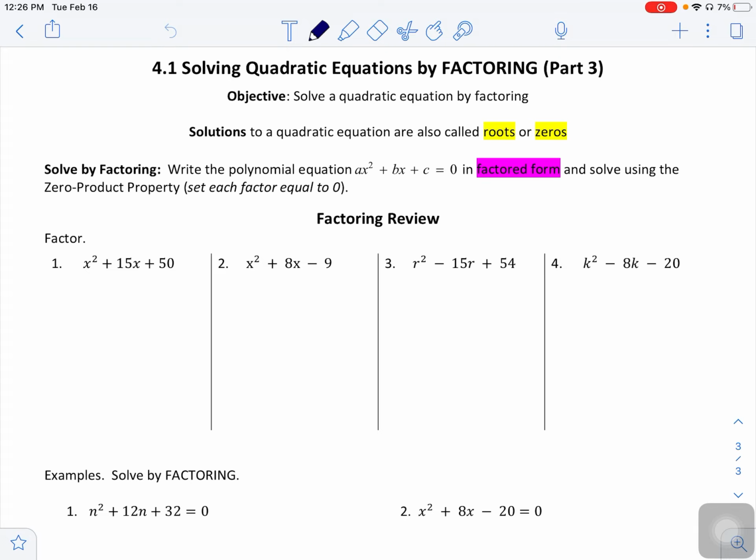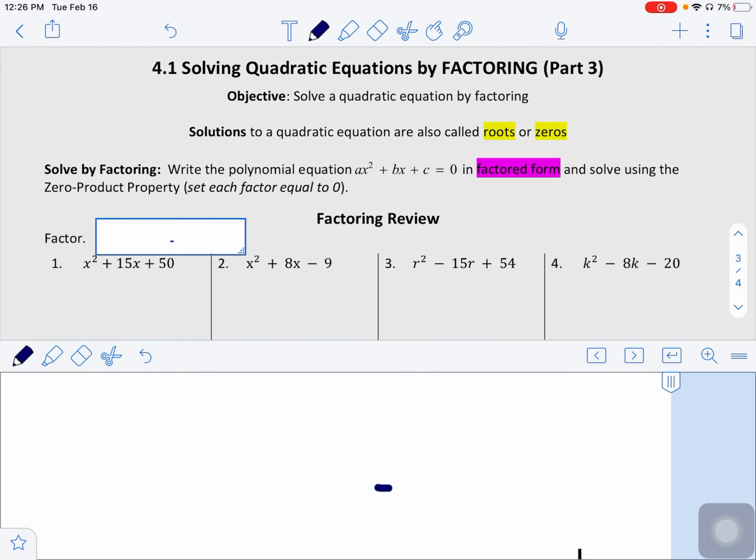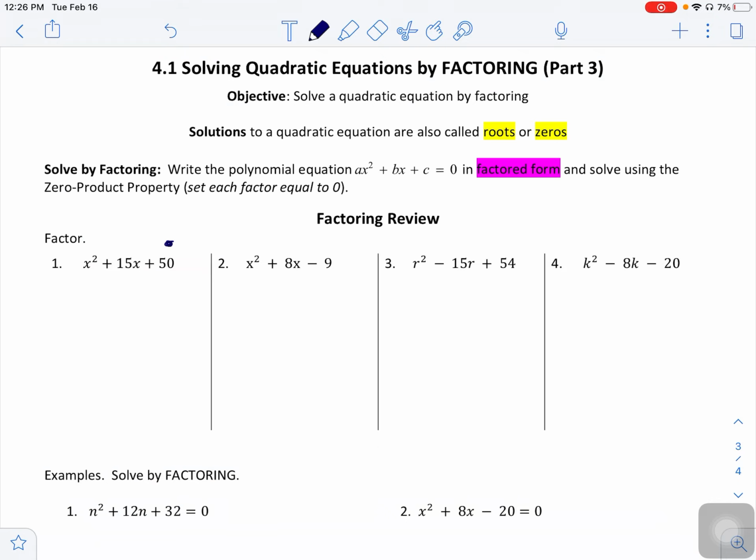So for number 1, you want to find two numbers that multiply to get a positive 50 and add to give you 15. If we look at factors of 50, we have 1 times 50, 2 times 25, 5 times 10.